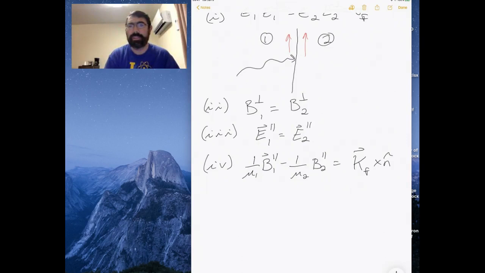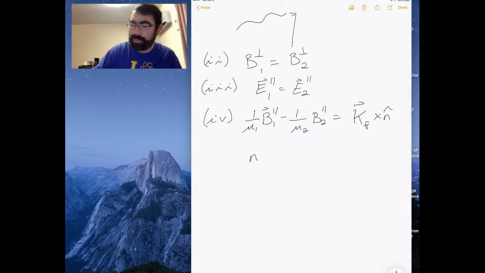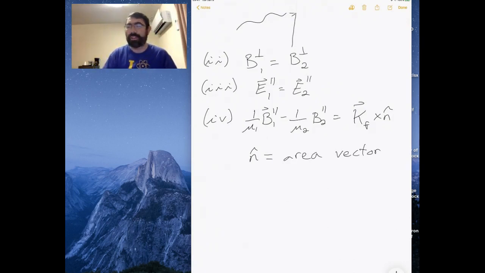And here N is the, I'm sorry, N is the area vector for the interface. It's the one perpendicular to the interface, and sigma is the charge density and K is the current density.